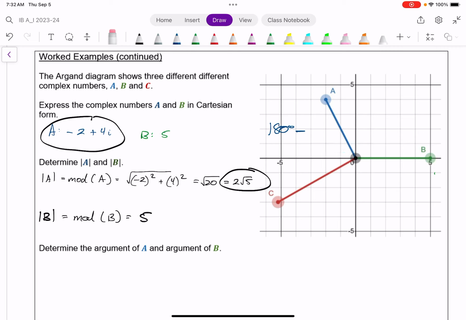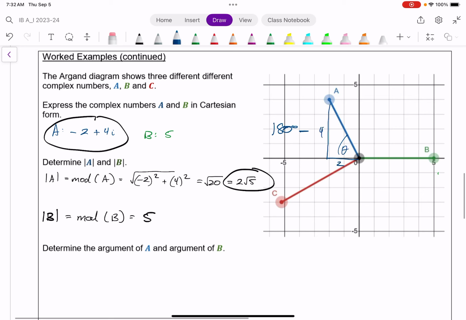And so what I'm going to do to visualize this is I want to find that theta right there, which I can do using the inverse tangent function, because I can imagine a triangle here with a height of 4 and a width of 2. And so that angle theta I put there would be the inverse tan of 4 over 2.